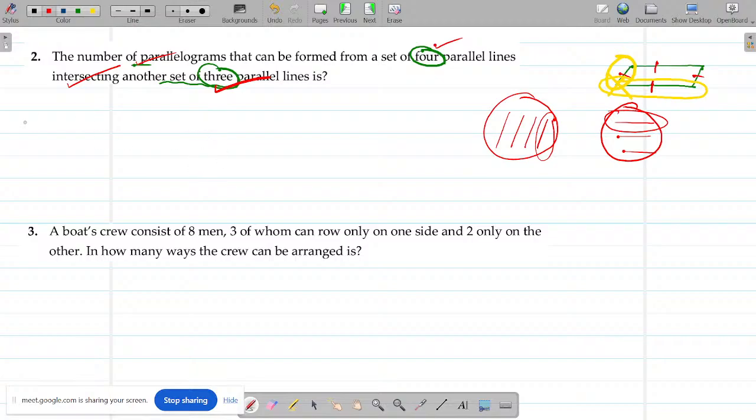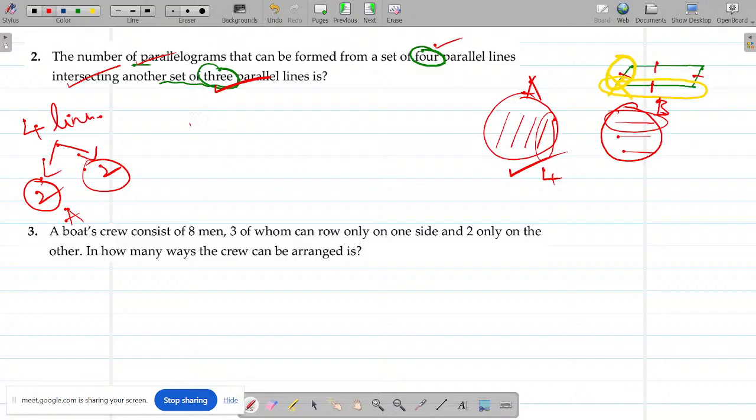For a parallelogram, we need 4 lines in total. But I'm not going to take them directly as 4 lines. Instead, I'm going to take 2 lines and 2 lines. These 2 lines I can take from set A, and these 2 lines I can take from set B. In how many ways can it be formed? There are totally 4 here, and from these 4 let me select 2. And multiplication: from these 3, I can select 2. So the answer is 4C2 into 3C2.